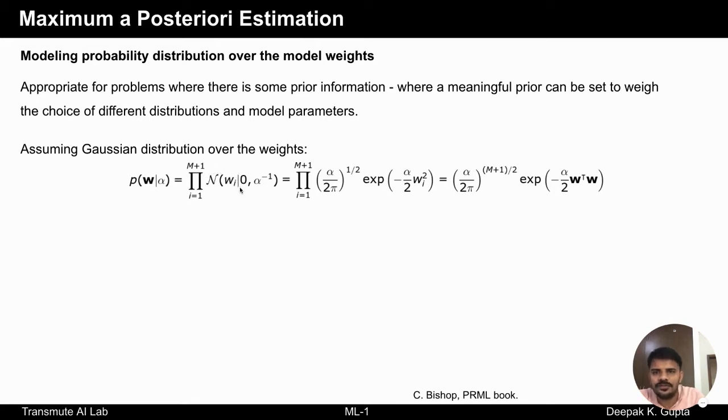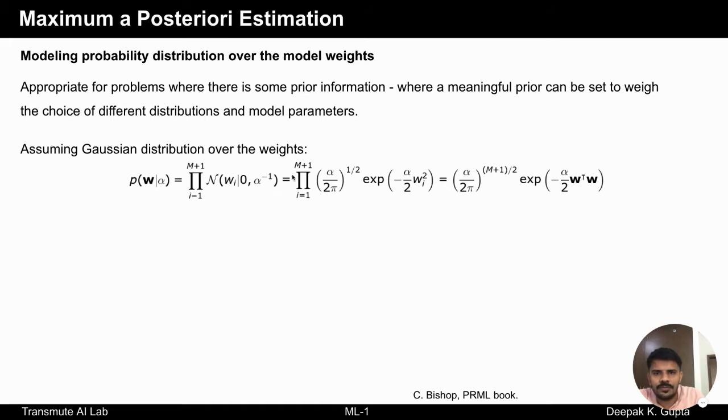We assume the prior over each of these weights to be Gaussian. So the joint probability of the prior can be written as the product of each of these terms. The weights are also assumed to be independent and identically distributed, which allows us to write it like this.